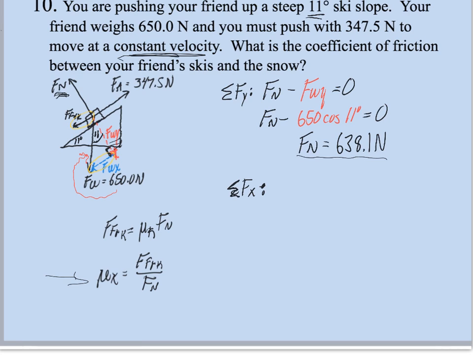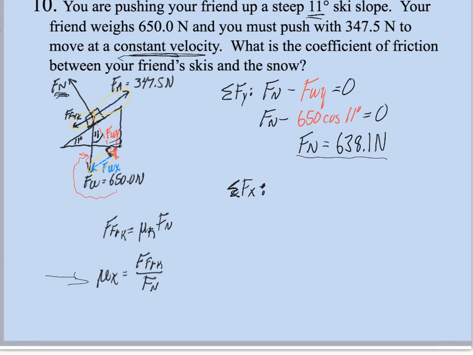What do I see pointing up the hill? I only see one, the applied force. So when I sum these forces, I have to make sure that the friction force and FWX, the x component of the weight vector, are added together because they're pointing the same way. And then we're going to subtract that from the applied force, which is 347.5.